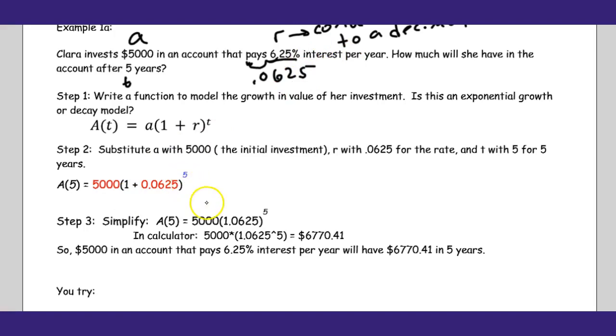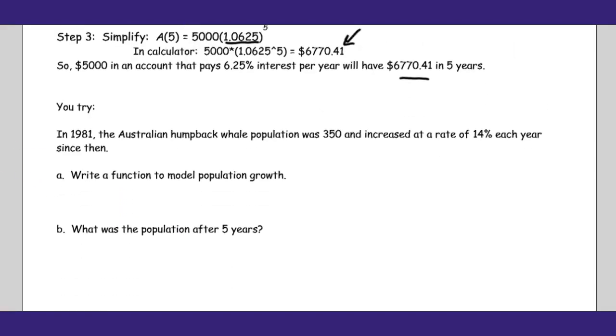You just do 5,000 times 1 plus 0.0625, or 1.0625, because 1 plus 0.0625 is 1.0625, raised to the 5th power. Then you multiply, and that's how much she'd have in 5 years. So $5,000 in an account that pays 6.25% interest per year will have $6,770.41 in 5 years.